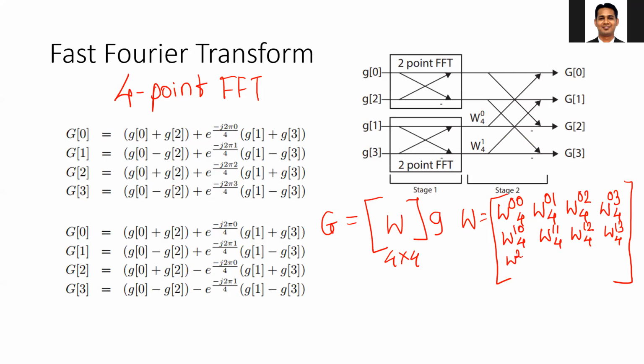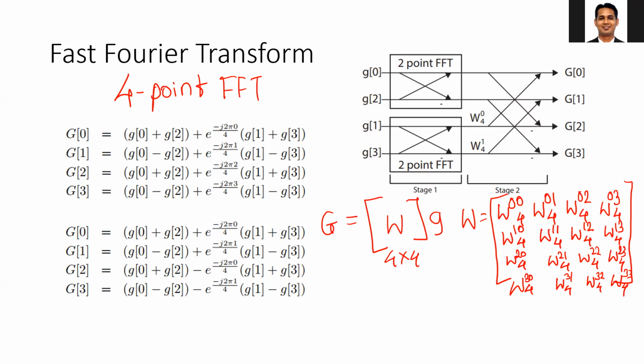Then W 2, 0, 4, W 2, 1, 4, W 2, 2, 4, and W 2, 3, 4, and the last row will be W 3, 0, 4, W 3, 1, 4, W 3, 2, 4, and W 3, 3, 4. Then you can calculate the corresponding matrix values, which will be complex values in the case of the 4-point FFT.